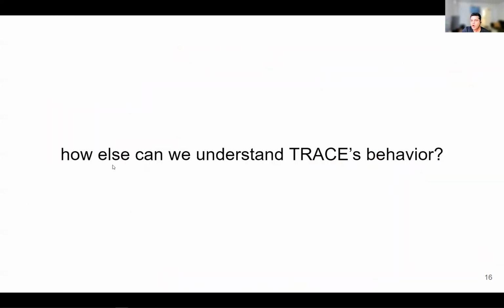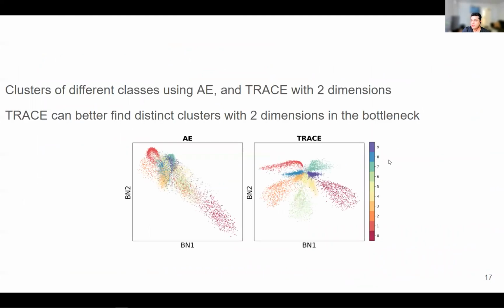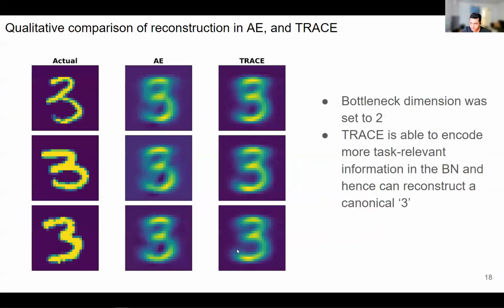But how else can we understand the TRACE behavior? Well, one way is to look at the encoded features in the bottleneck when we have only two features, and see how the TRACE network is clustering different classes. As you can see, TRACE is doing a much better job in comparison to an autoencoder in clustering different classes, versus the autoencoder, where a lot of classes are just overlaying on top of each other.